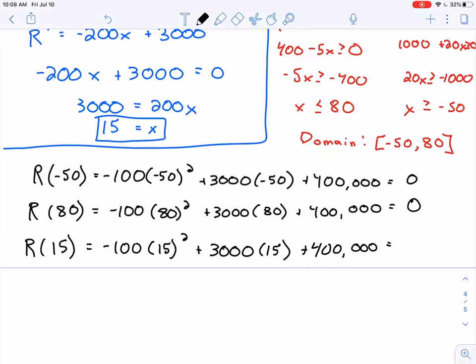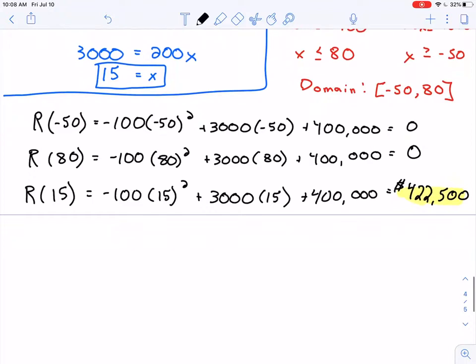I end up with $422,500. That seems like the highest revenue to me. It's certainly higher than 0. So this $422,500 is my maximum revenue.